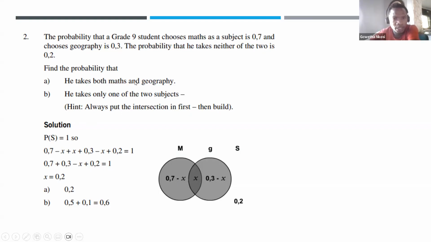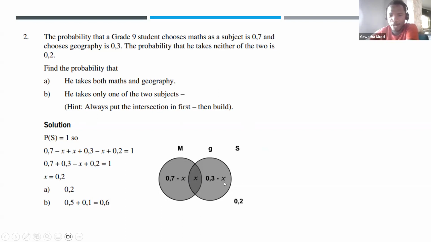So what's the next question? The next question, he takes only one of the two subjects. So if he takes only one of the two subjects, what is the probability of mathematics only? Remember, you put your 0.2 here. 0.7 minus 0.2, that's 0.5.